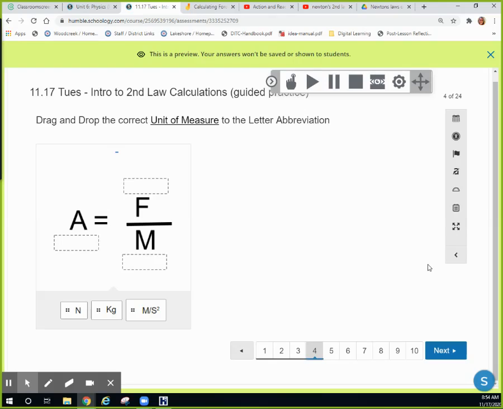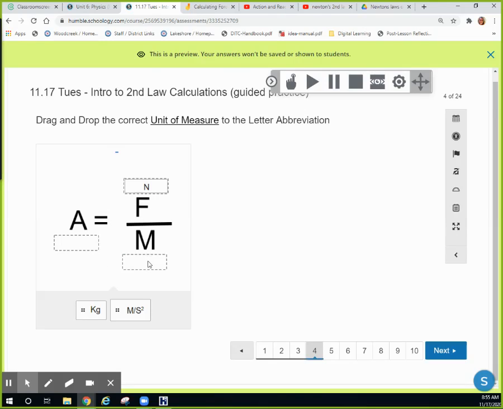Another really important thing is the units. A lot of times it doesn't tell you the force is this and the mass is this. It just gives you numbers with units. So tell me, what is the unit for force? Remember, force is measured in newtons. You should see that from your net force practice.